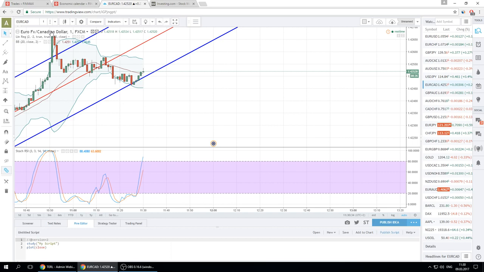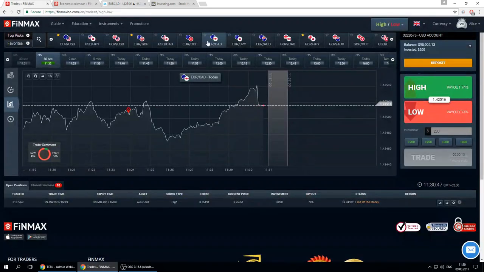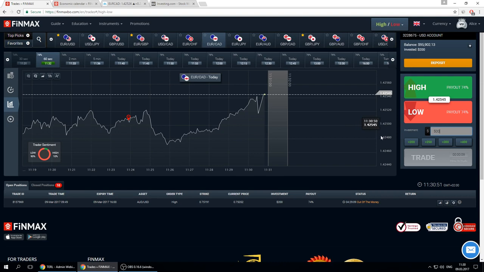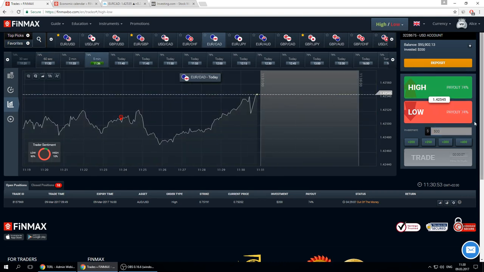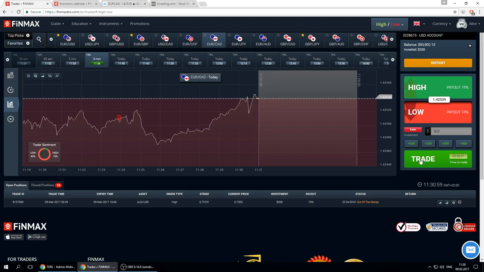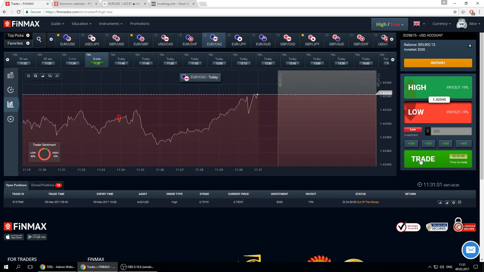For 5 minutes, that's not enough to open the trade for the euro for up, but for 1 minute that can expire in the money. So I will open the trade with the coefficient 2.5 for Euro Canadian for low, in order to cover the previous trade that I had. Euro Canadian 5 minutes low. Okay.